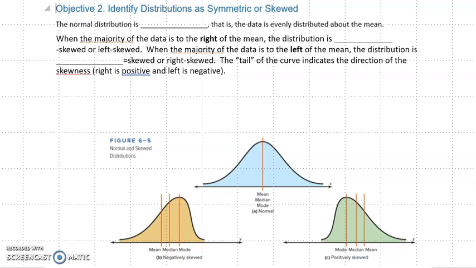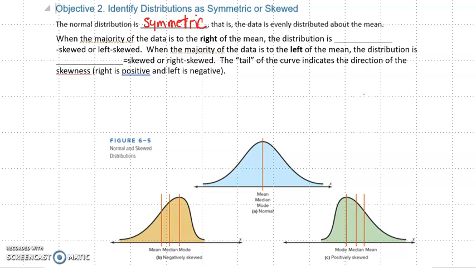To identify a distribution as symmetric or skewed, because the normal is symmetric, we need to fill in that first blank with that. The normal distribution is symmetric. And that just means the data is evenly distributed about the mean.